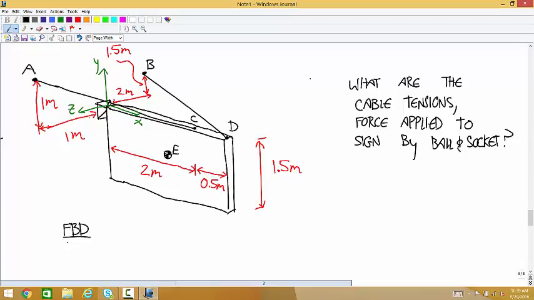And then there's a cable attached at the end that's going to the wall on the right of the sign. But A and B are both on the same wall that the ball and socket joint is on. Okay. So that little square with the X through it, that's what the ball and socket joint is mounted to.